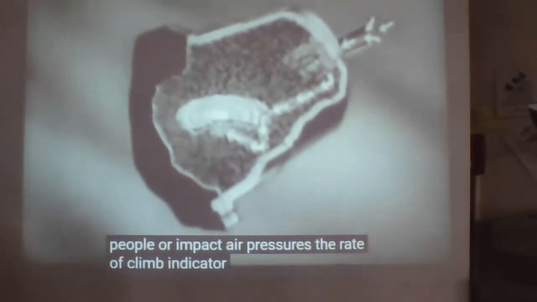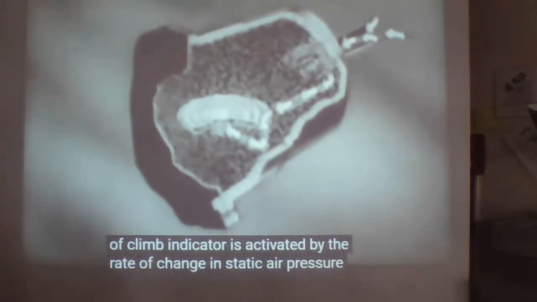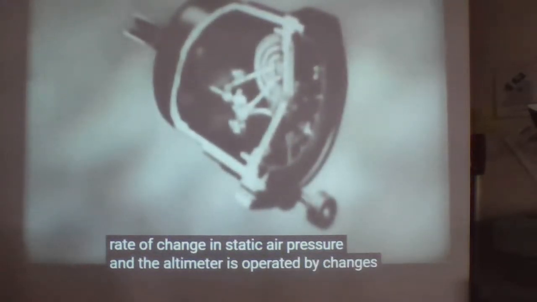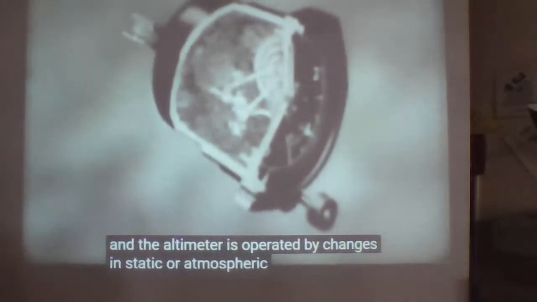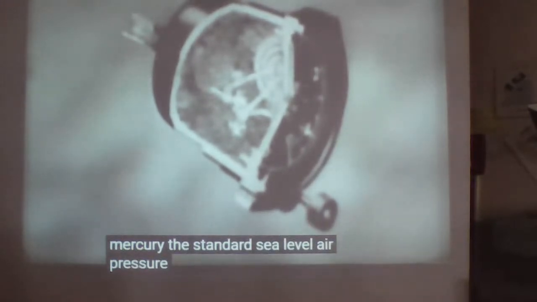The rate of climb indicator is activated by the rate of change in static air pressure. And the altimeter is operated by changes in static or atmospheric pressure, acting on a sealed diaphragm containing a trapped pressure of 29.92 inches of mercury, the standard sea level air pressure.